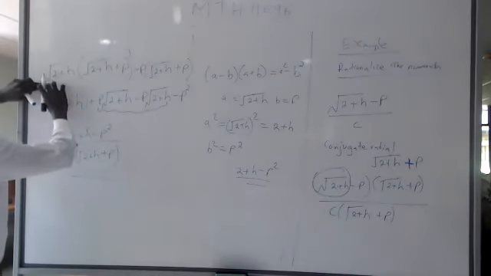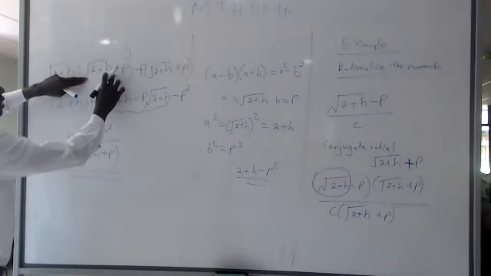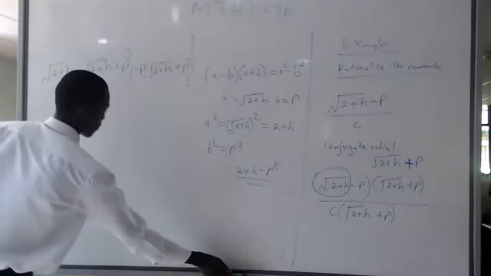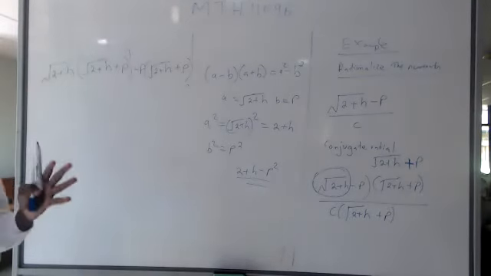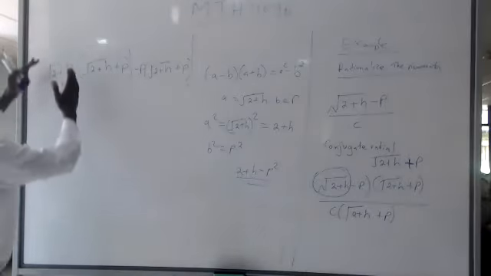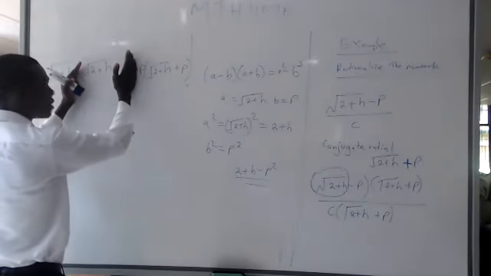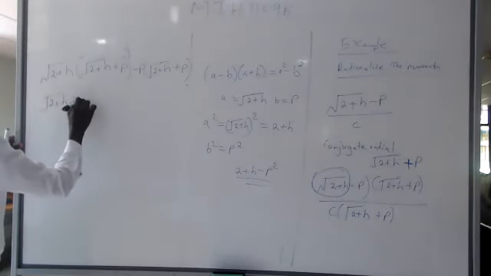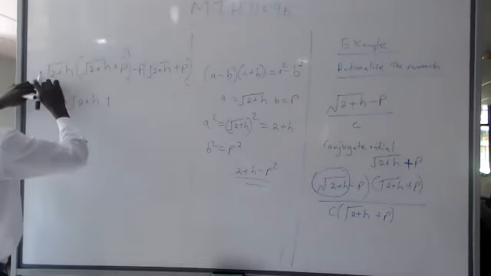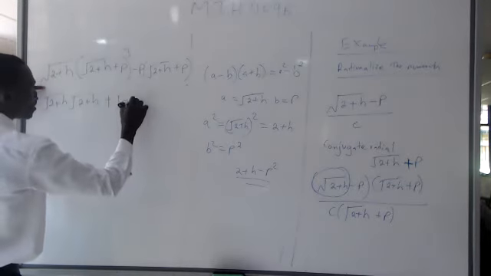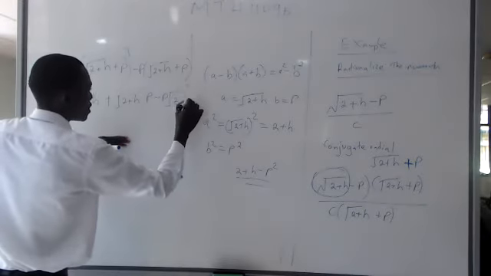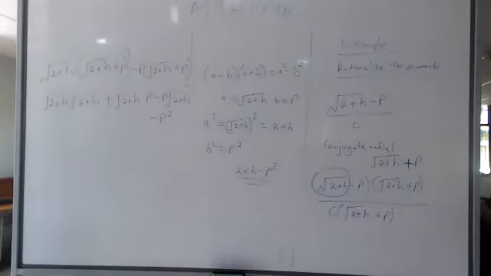Yeah, this came from square root of 2 plus h times square root of 2 plus h. You're multiplying. You know how to multiply expressions. Just opening the bracket: you take the term outside the bracket and use it to multiply everything inside. So the meaning of this is square root of 2 plus h times square root of 2 plus h, and then plus square root of 2 plus h times p, and then minus p times square root of 2 plus h minus p squared.